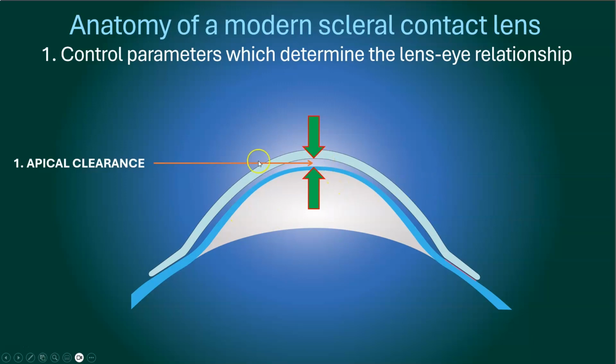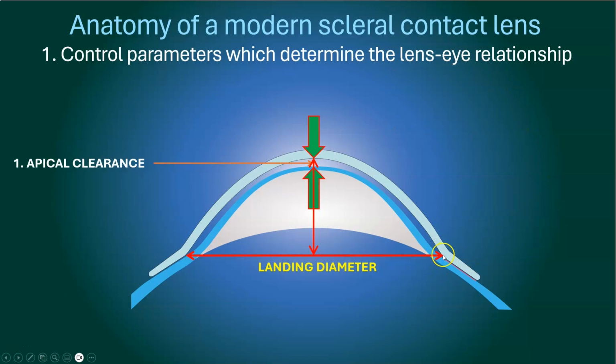Now this control parameter introduces us, although we might not be aware of it, to the landing diameter and the sagittal height of the lens at that landing diameter. The landing diameter is the most important dimension on any scleral contact lens, and it's extraordinary that you hear so little about it in manufacturers' literature and, for example, at conferences in relation to these lenses.